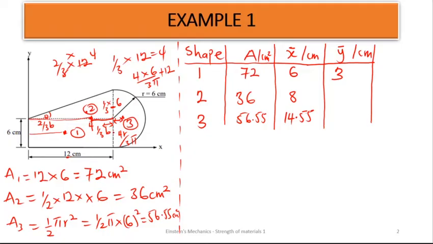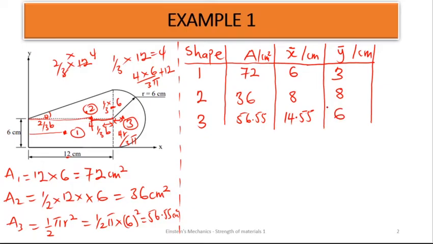So 6 plus the distance for the center, which is 2, is going to give you 8 before you locate the center of the right angle triangle. And for the semicircle, if I'm to locate the center on the y-axis, I would move the radius and I will locate it, right? And the radius is also giving us 6.